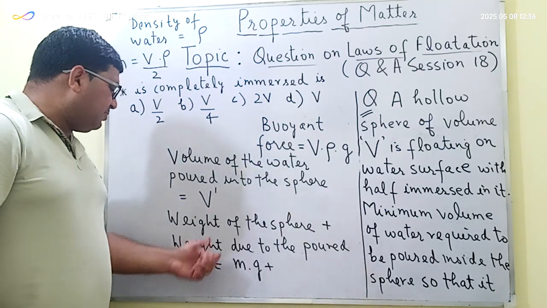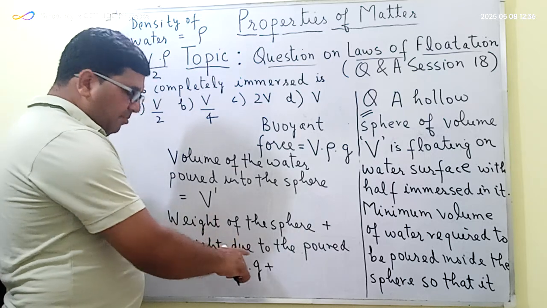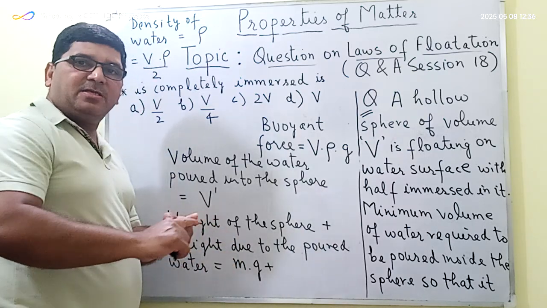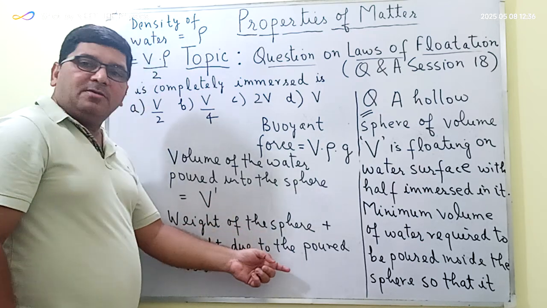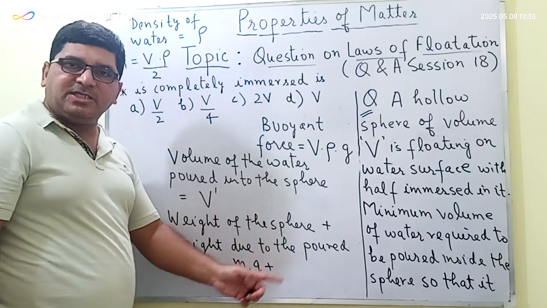That is the volume of the water multiplied by the density of the water, multiplied by g.